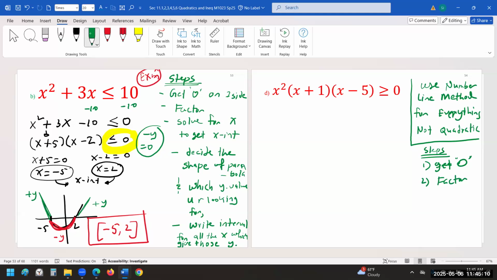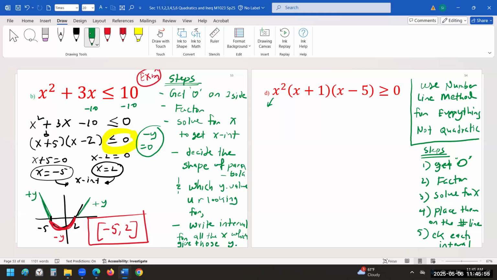Factor. Solve for x. Place them on the number line. Check each interval. And then we have more steps, but I don't have space here. So we have to decide which y value we are looking for. And then we take from each interval an x value, substitute and see the y values. Let's do an example.